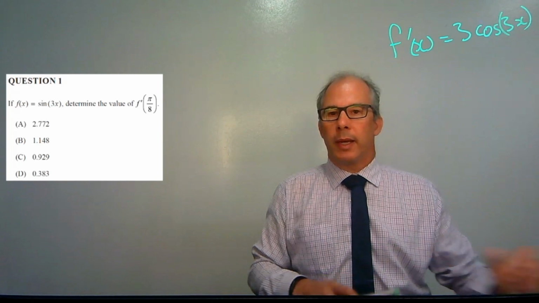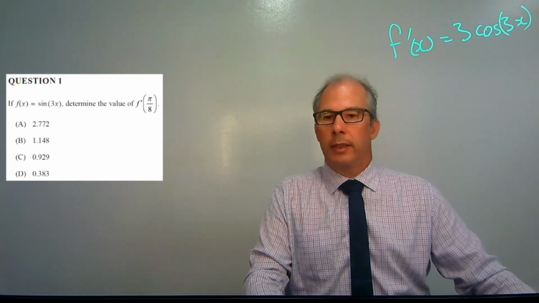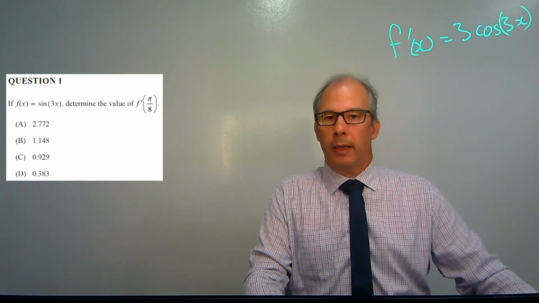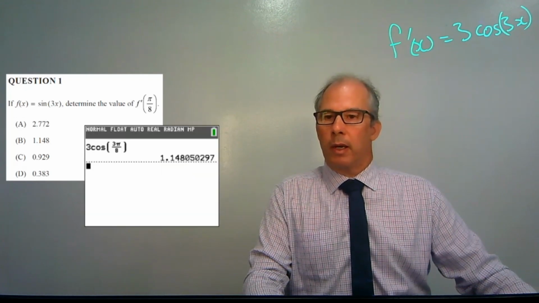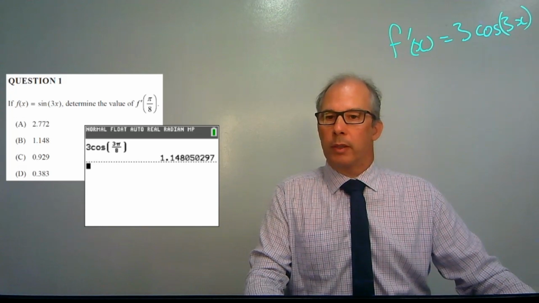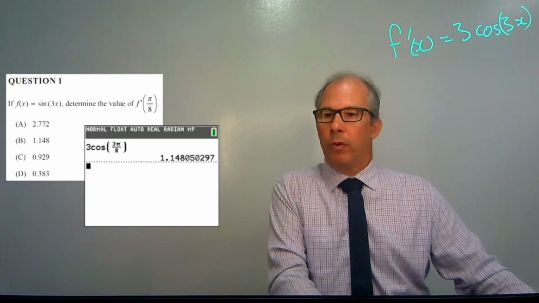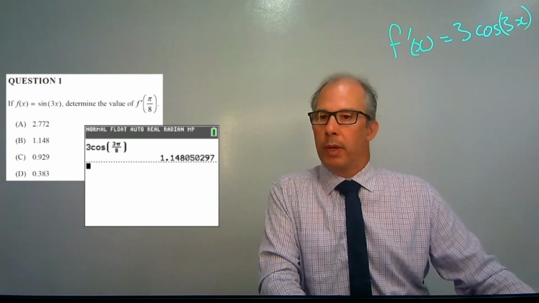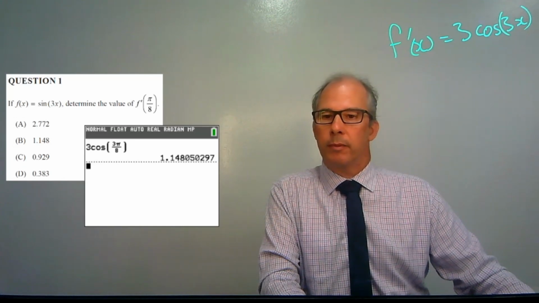I can simply then use my calculator, and this function should give me 1.148, which is B.